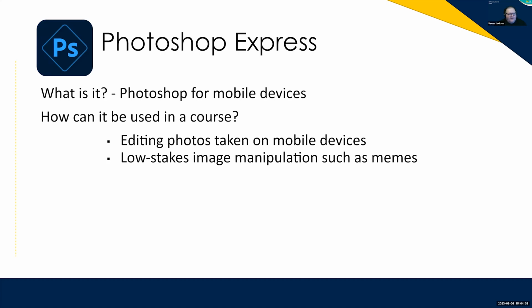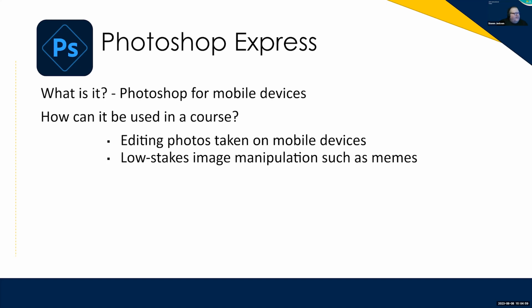So Photoshop Express is essentially Photoshop on mobile devices. And this is what I was referring to when I said maybe another tool will be more useful. If they're taking pictures with their phone, they can put it through Photoshop Express and do a lot of the work that they would be doing in the Photoshop program.